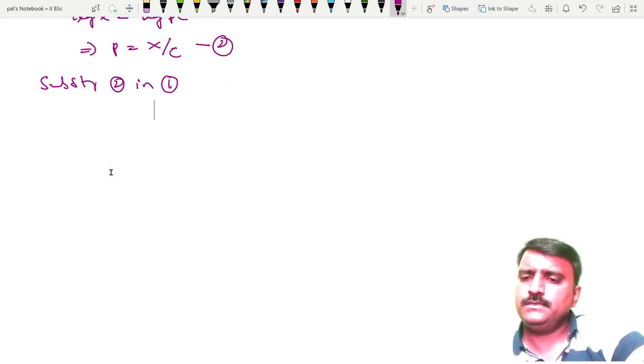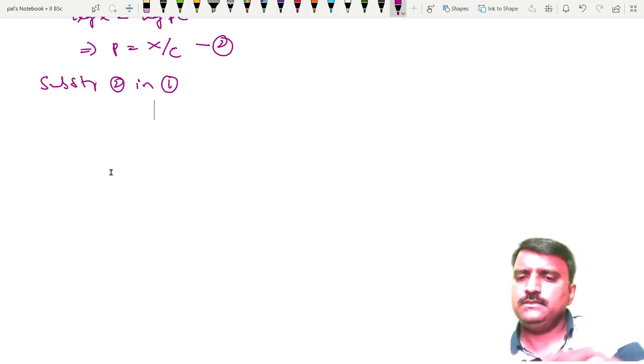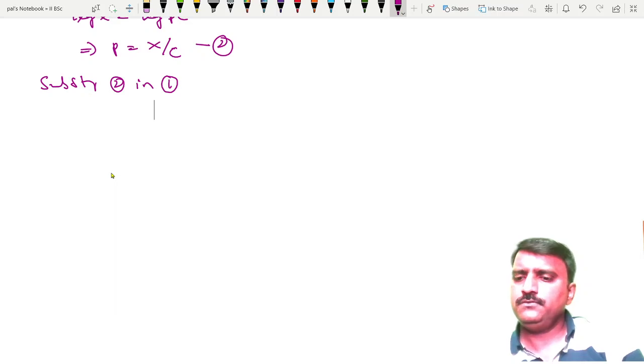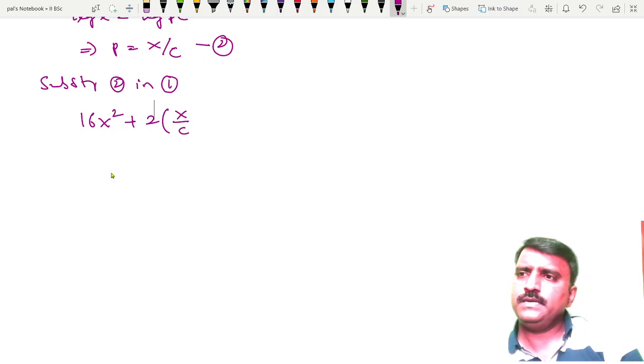So if we substitute in this equation, then we have 16x square plus 2p square y, where p is x by c, so x by c whole square y, minus p cube x, which is x by c whole cube times x, is equal to 0.